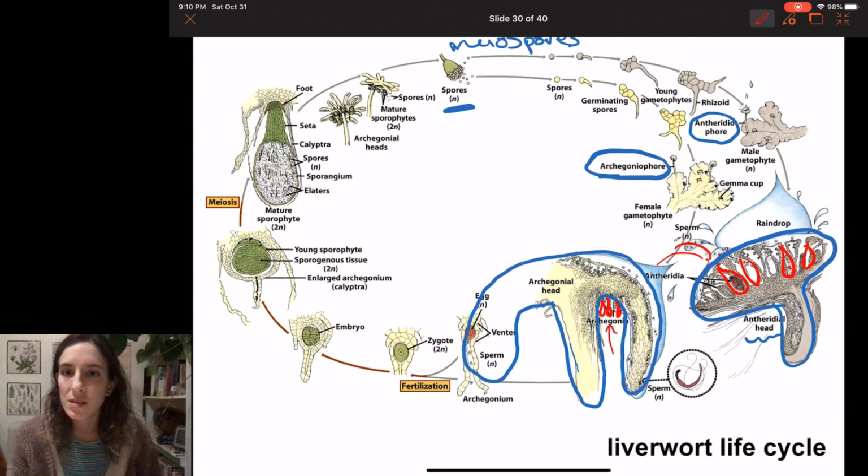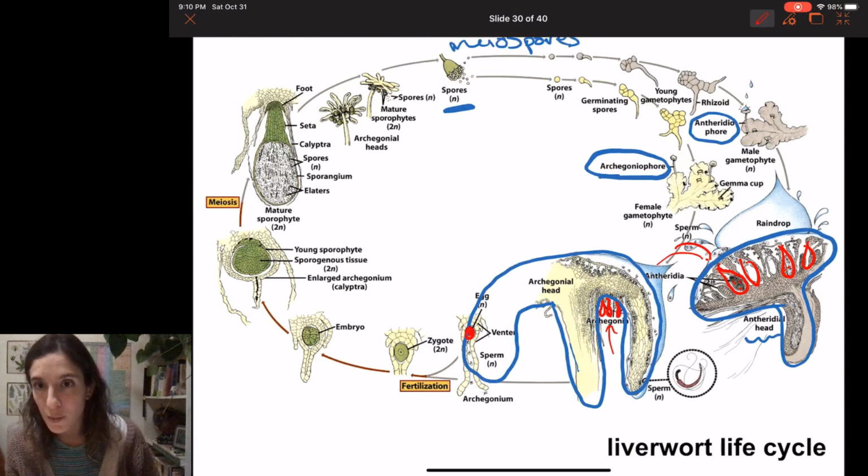And then really it's the same as the moss life cycle. The egg is retained on the gametophyte, on the archegonia, same thing as with the mosses. But this time the archegonium is on the archegoniophore.